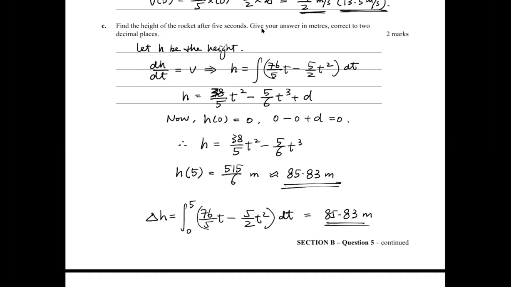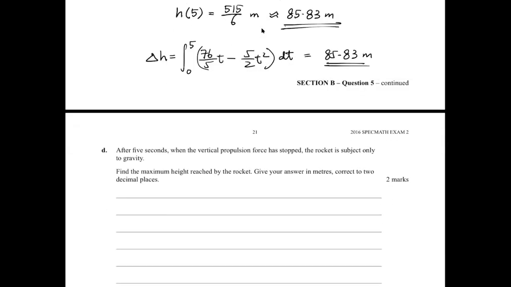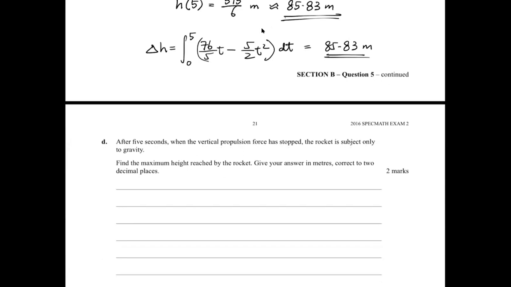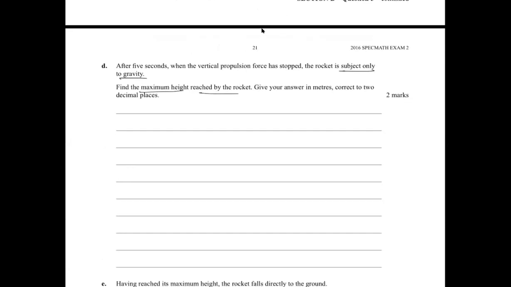Now, after 5 seconds, when the vertical propulsion force has stopped, the rocket is subject only to gravity. Find the maximum height reached by the rocket. So you need to break that motion into various stages. So this is h equals 0.